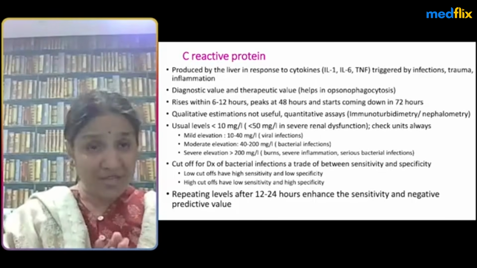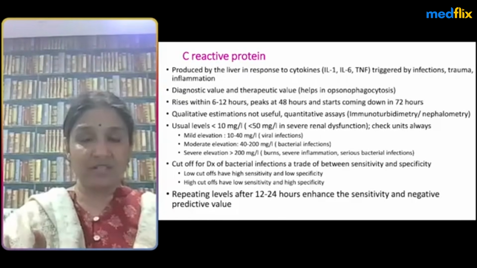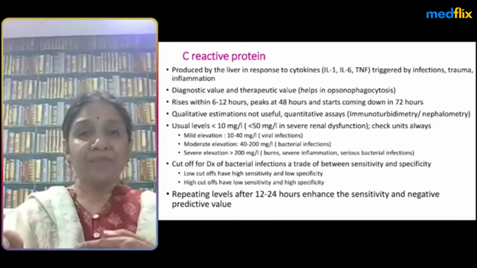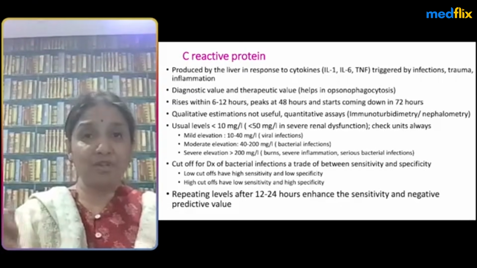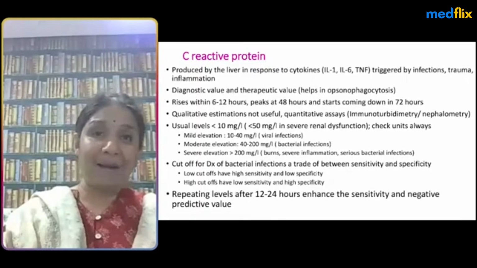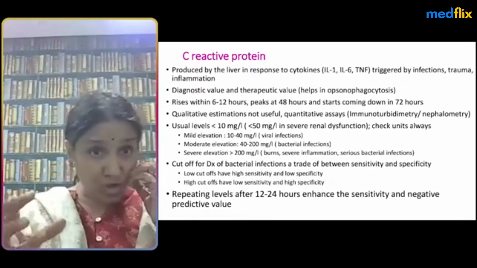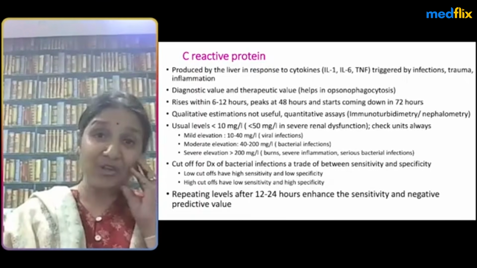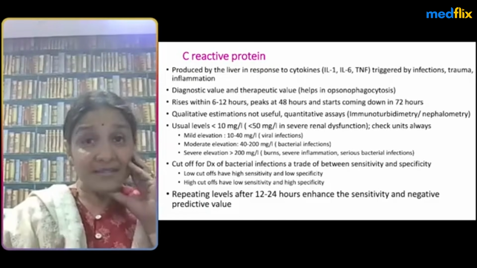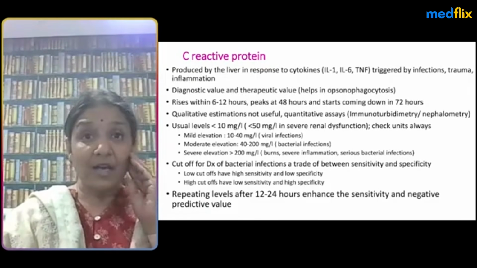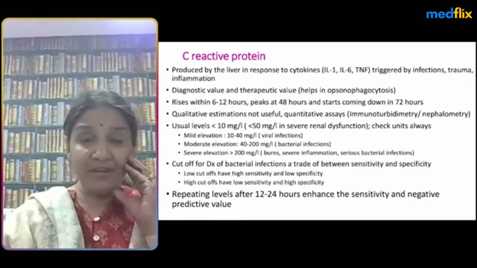Now you must remember, most people ask this question: what is the cutoff of CRP which differentiates between a viral and a bacterial infection? Unfortunately, there is no such cutoff because there are certain viral infections like COVID, like adenovirus, where you have very high CRPs.